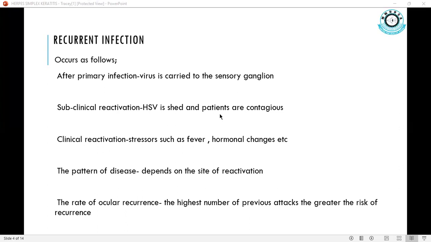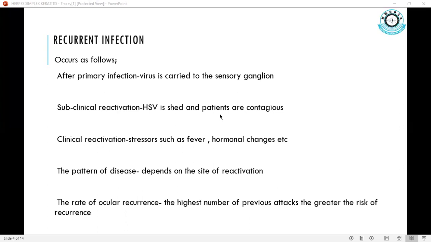Then the next factor is the pattern of disease. This depends on the site of reactivation, which may be remote from the site of primary disease. And then there is the rate of ocular recurrence: after one episode, the higher the number of previous attacks, the greater the risk of recurrence.